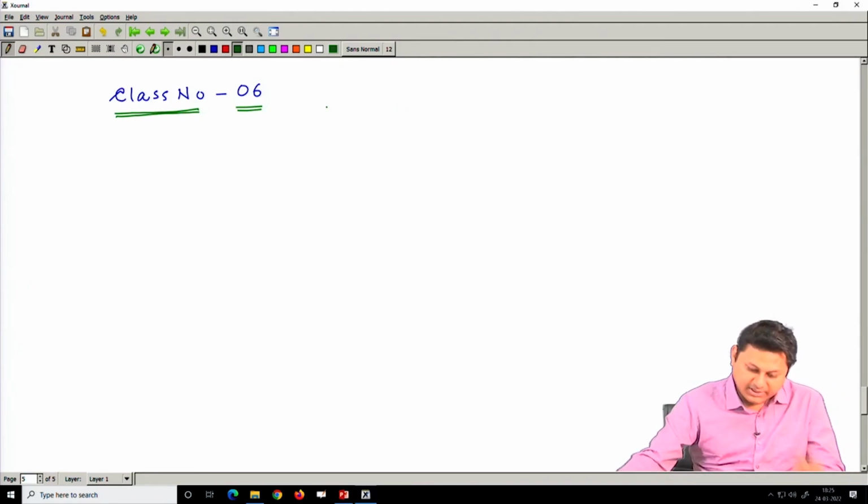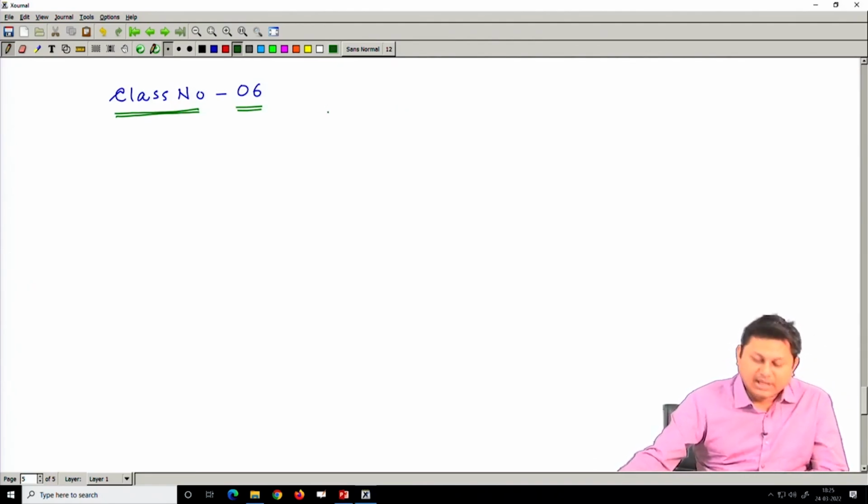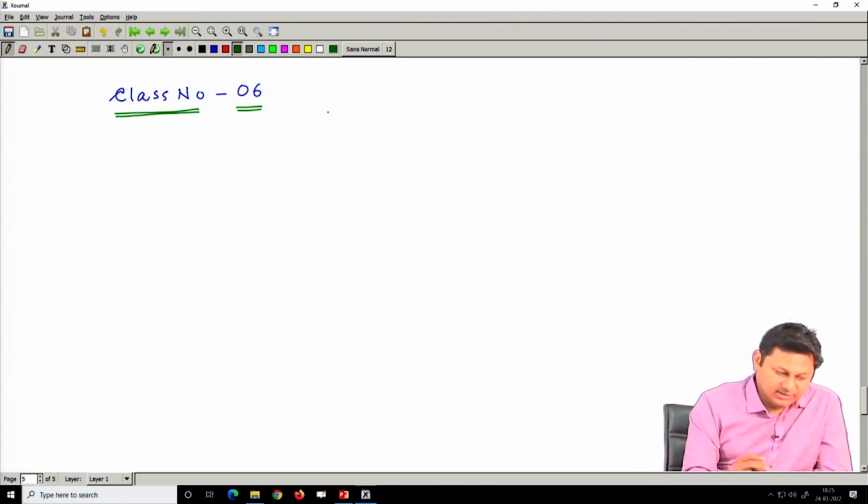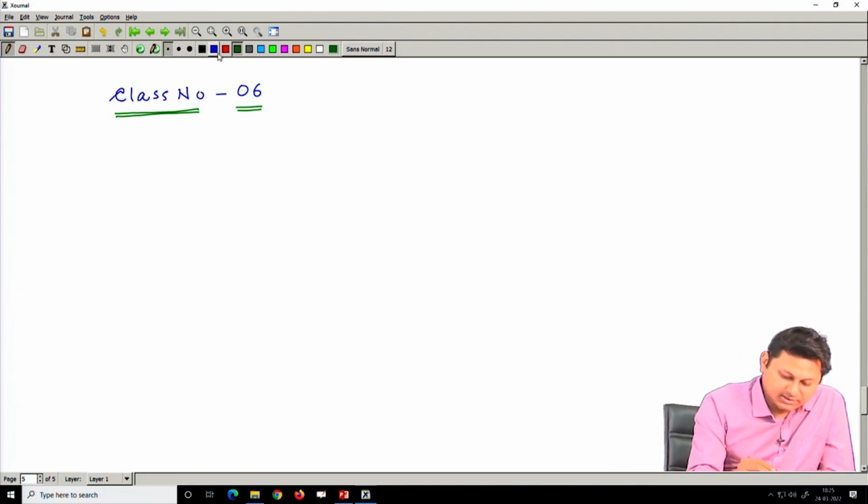Okay, so we already defined the line, volume and surface elements in the Cartesian coordinate system. So now we will do that first for the cylindrical coordinate system, how we define it.